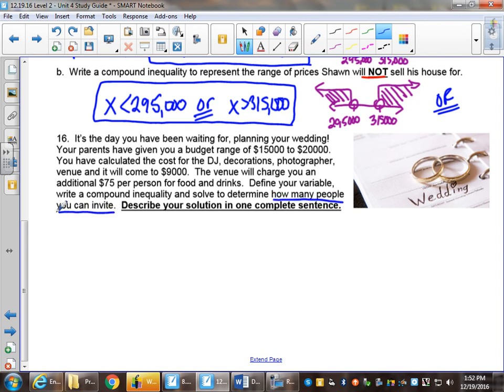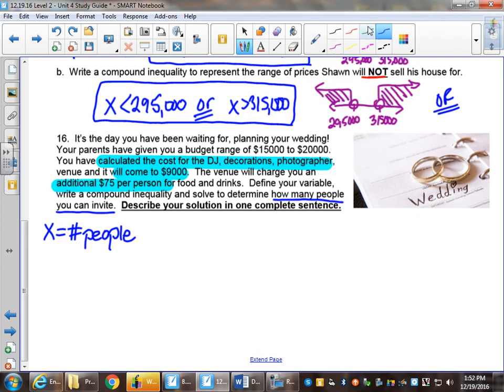So right away I know that X will mean the number of people. Now, I'm hoping that as you were reading this, you got the sense of a flat rate, right? This is the cost of these things. And a rate per person.